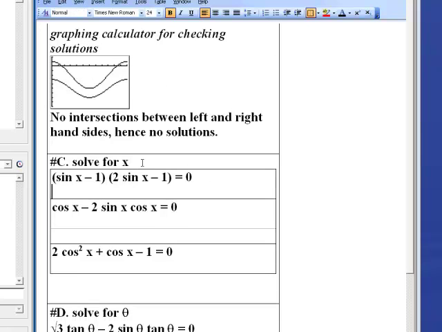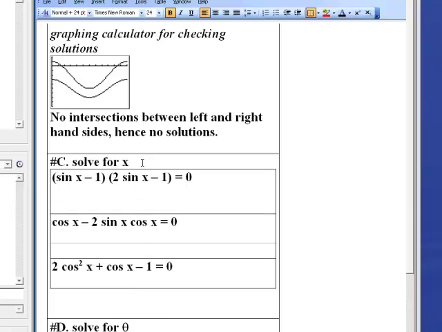Solve for x. And this time around we're supposed to be between 0 and 2 pi. So we're supposed to come up with radians. So on this particular one, fortunately it's already factored, so I just need to look at the left parentheses, sine x equals 1.